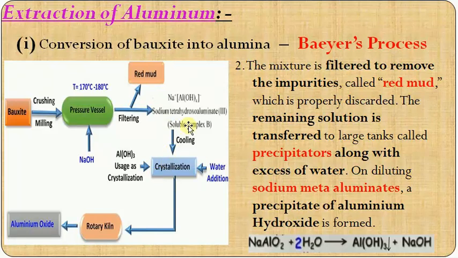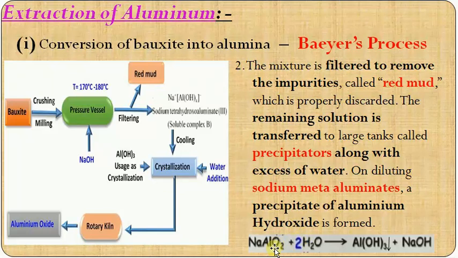The soluble sodium metaaluminate precipitates as aluminium hydroxide along with sodium hydroxide. So here some pure aluminium hydroxide we add as seed crystals, to initiate the crystallization process, so that aluminium hydroxide precipitation starts and then it settles down at the bottom.